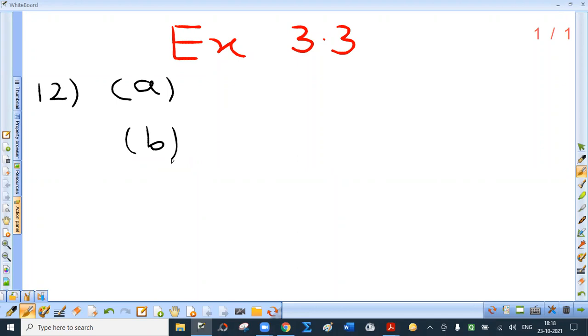Therefore, the remaining, that is 720 minus 120 equal to 600, are not divisible by 5.